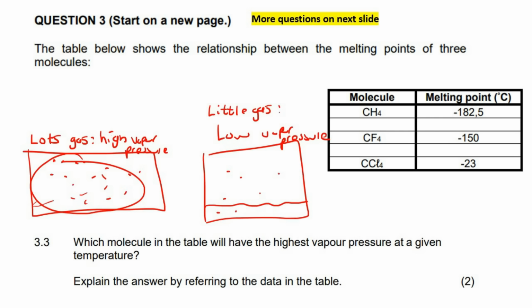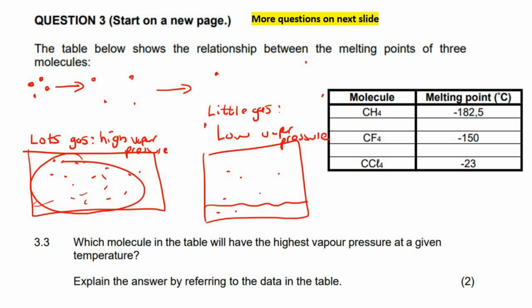So you need to think about which of these molecules are going to be easier to turn into a gas. Well, remember, to turn something into a gas, you have to first take it from a solid where the molecules are very close together. Then you have to separate them a little bit so that they become a liquid. And then you need to be able to separate them even further so that they become a gas.